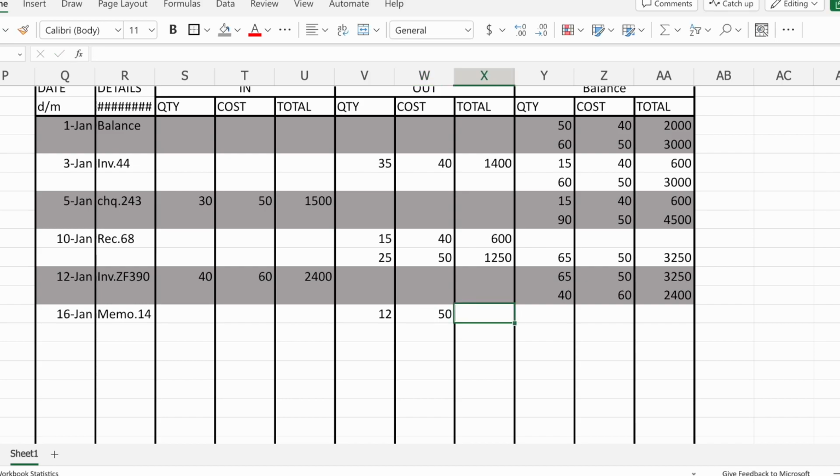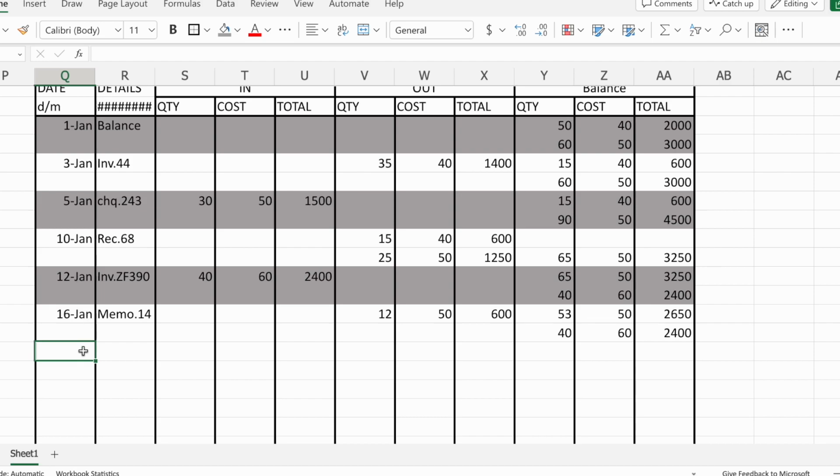So there's 12 at $50 removed, and 600 in total. Now when we record our balances, we have 53 of the $50, right? When you minus 12 from 65, you get 53. Then you get a total of 53 times 50, which is 2,650. Now the $60 one is not touched, so it remains. Remember, the other rule is what's not touched remains.